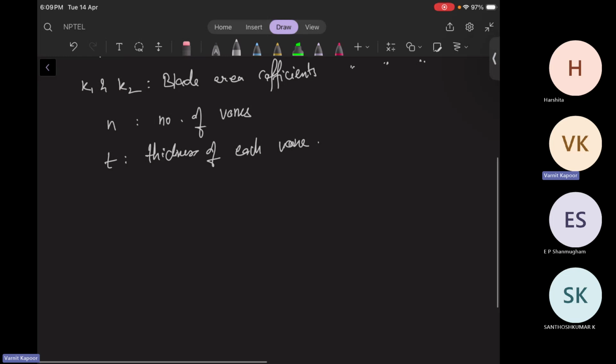Let me help you to visualize how this looks. You have an eye here. That is your rotor basically. Then there are multiple vanes attached to this.